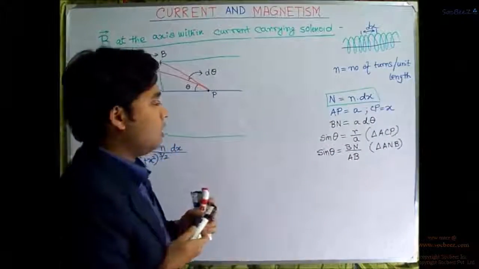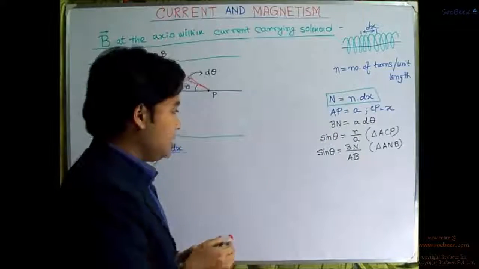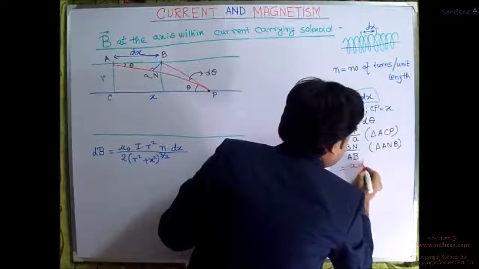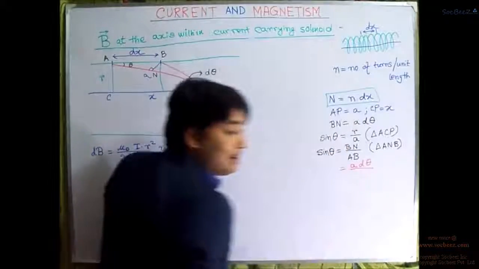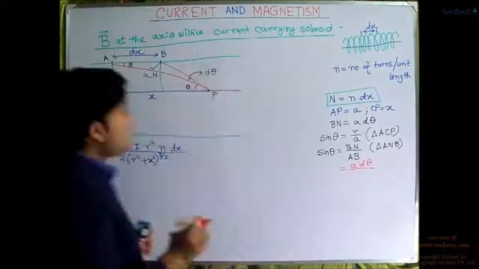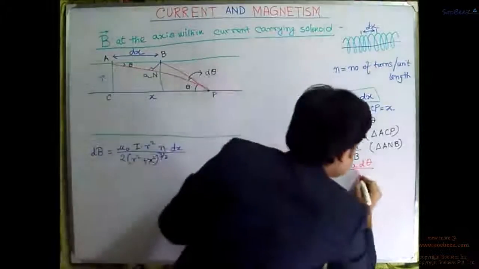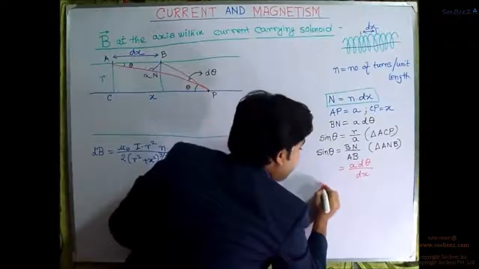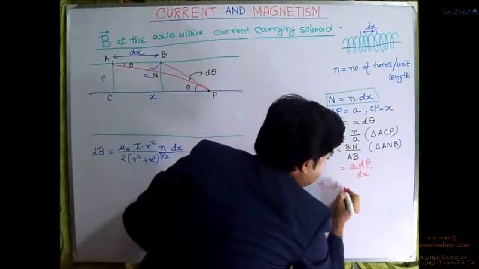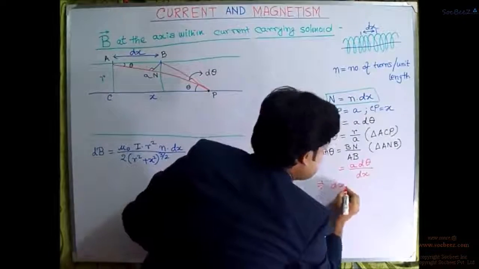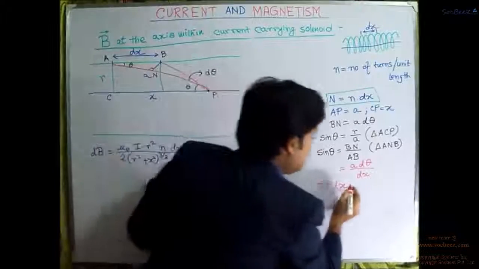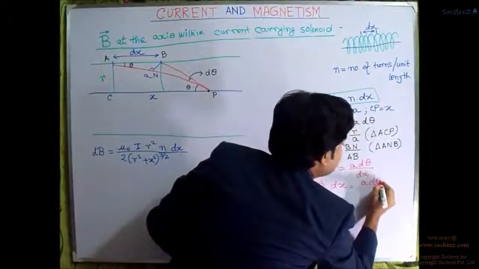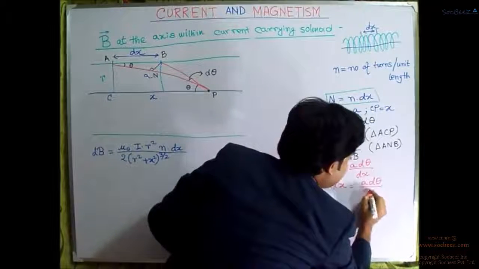As we have seen, the value of Bn is a d theta, so we can write a d theta divided by AB. What is AB? This is simply equal to dx. So, cross multiplied, dx will be equal to a d theta divided by sine theta.